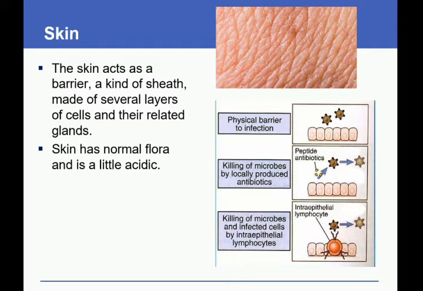Other than that, you also have locally produced antibiotics, meaning that your skin cells themselves create peptide antibiotics to kill some microbes. Other than that, you also have intraepithelial lymphocytes, meaning that they are the white blood cells that live between your skin cells. So they will just patrol around, and then when they find any bacteria, they will kill it.